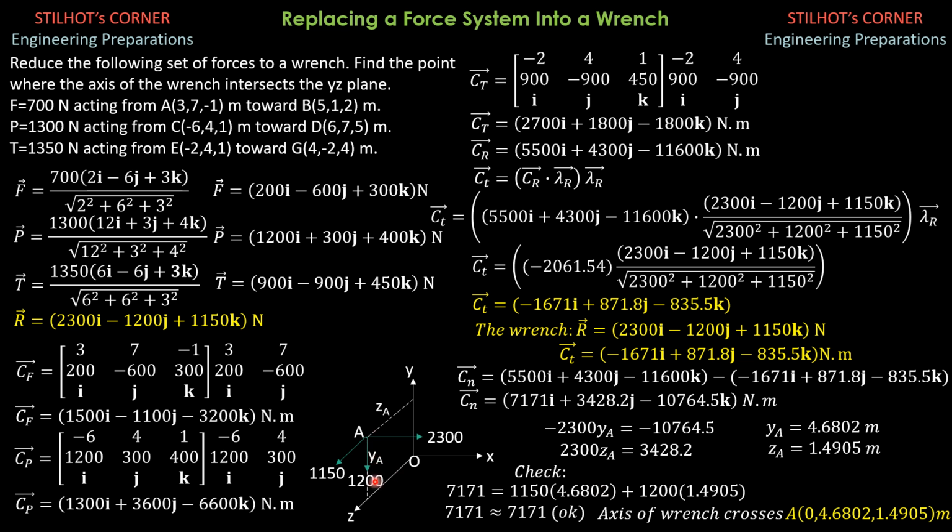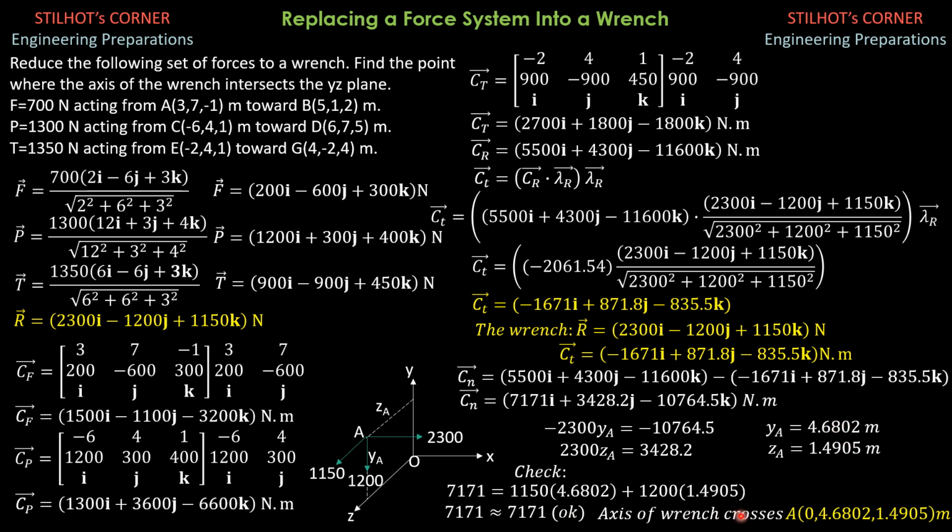Then the moment of 1,200 about the x-axis is also positive 1,200 times Z sub A, and Z sub A is 1.4905. So 7,171 Newton meter is approximately equal to this. So that's also about 7,171 Newton meter. So okay. Therefore these answers are correct.